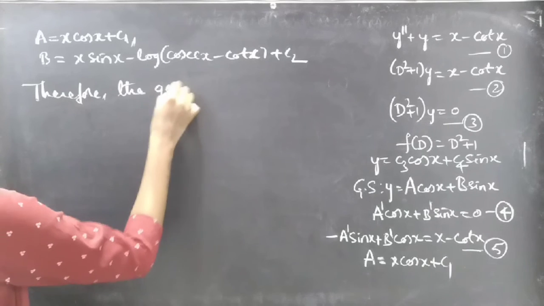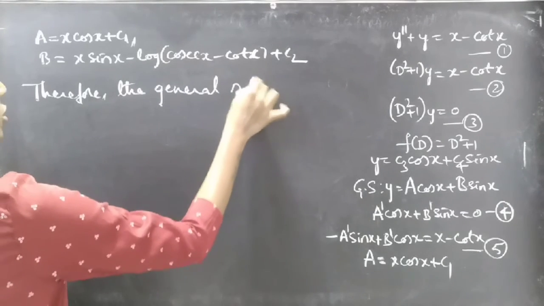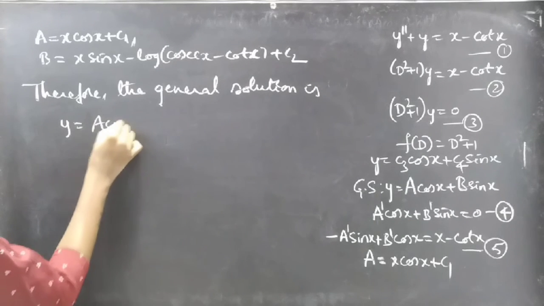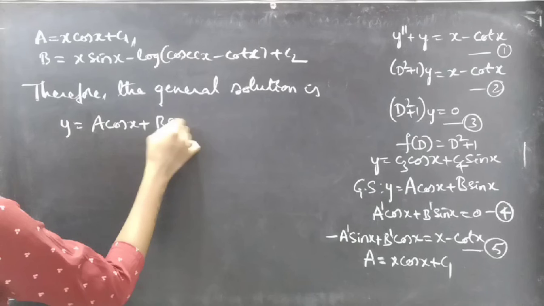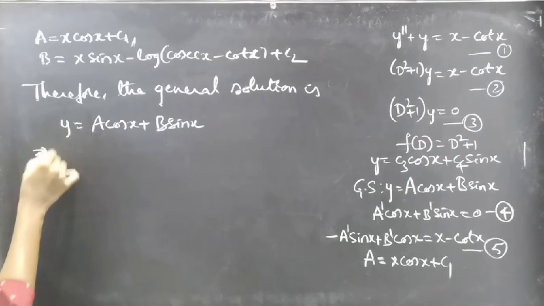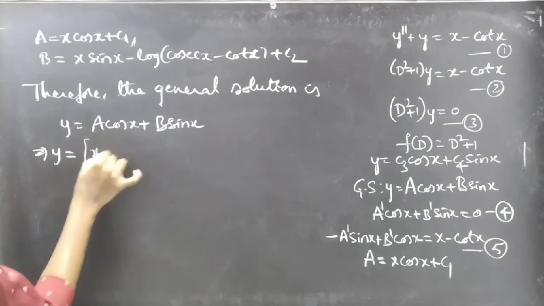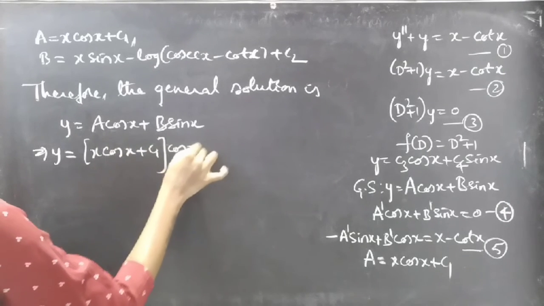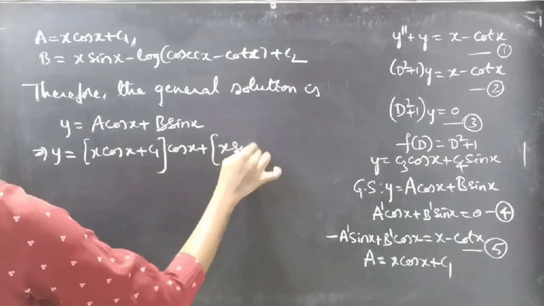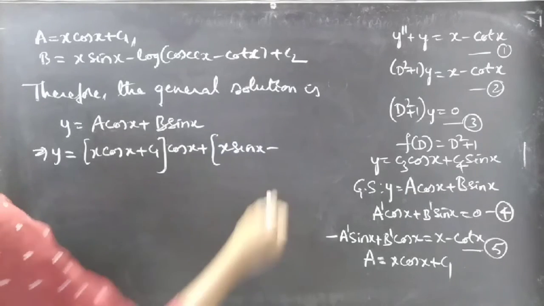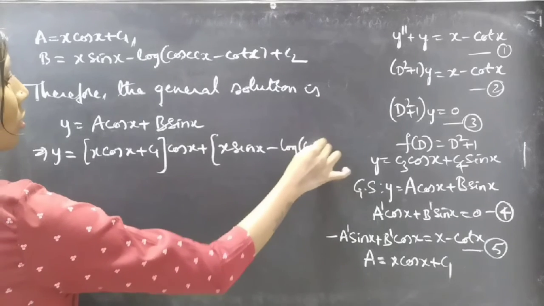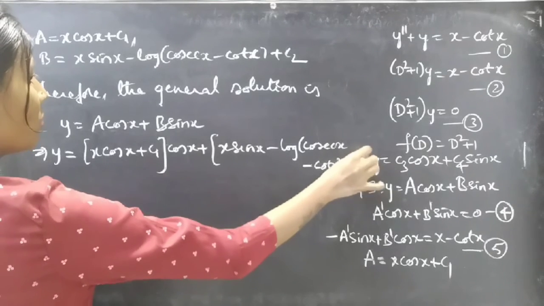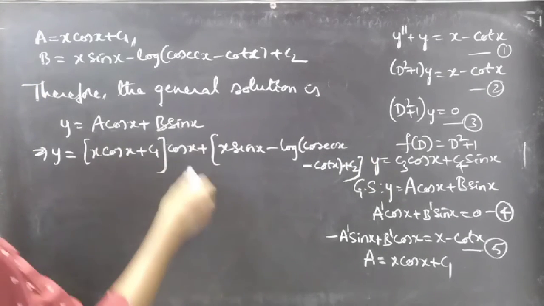Therefore, the general solution is given by y equal to a cos x plus b sin x. Just substitute a and b here. We have a x cos x plus c1 into cos x plus b x sin x minus log of cosecant x minus cot x plus c2 into sin x.